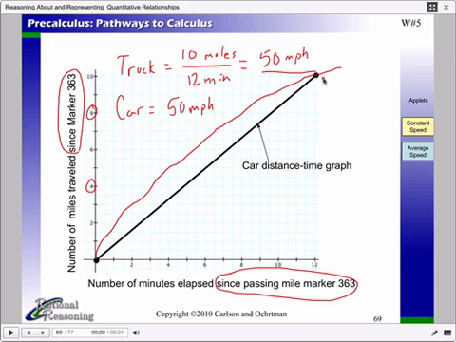But the car at cruise control, that constant speed represents the average speed of the truck. So what is average speed? It's the constant speed to go the same distance in the same time.